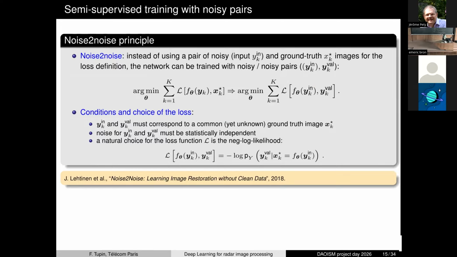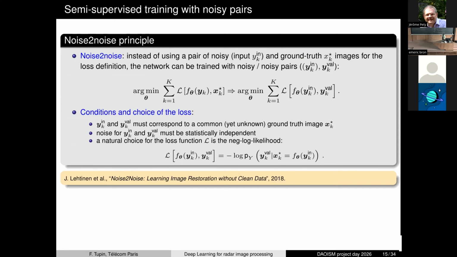In fact, you will have exactly the same estimation of the parameter if you have only noisy values. Let's suppose that instead of the noisy image and the ground truth image, this time you have two noisy images, this one and this one. It can be shown that under certain conditions, you will have exactly the same parameters just by training the network, comparing the output of the network on one noisy image with the other noisy image that you have at your disposal.